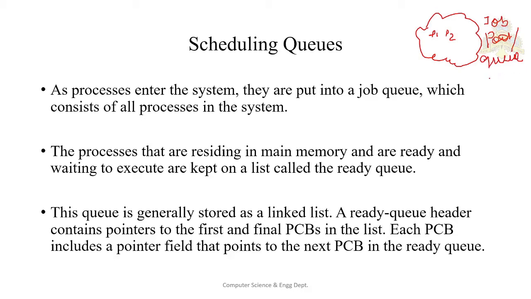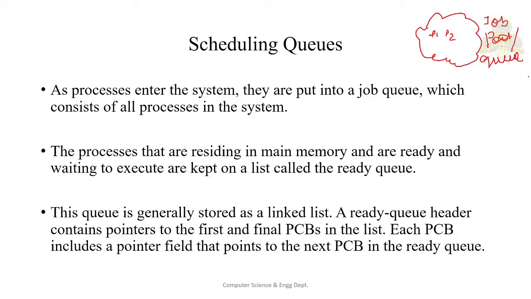Okay, fine. So this job pool or queue contains all the processes in the system. Now the processes which are in the main memory and are ready and waiting for the CPU for their execution will be kept in a list called the ready queue.